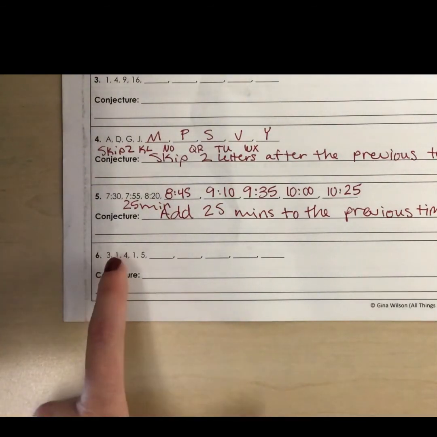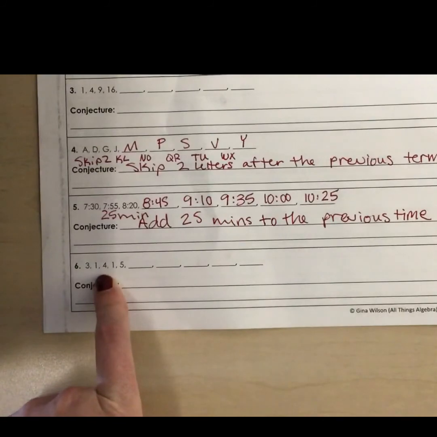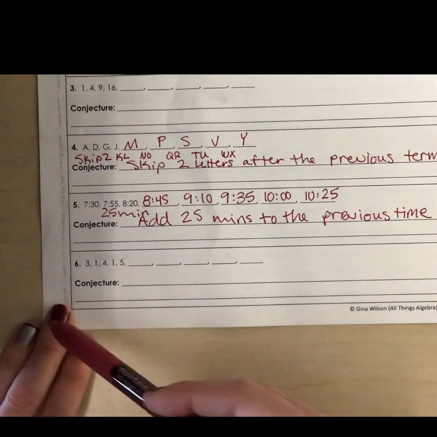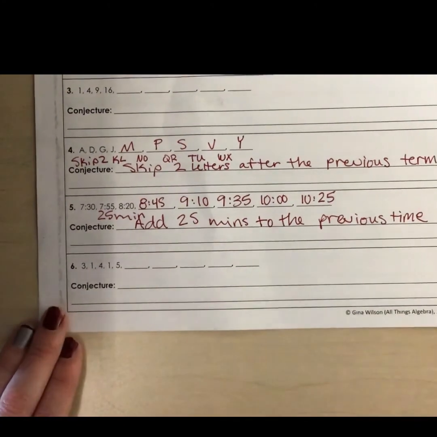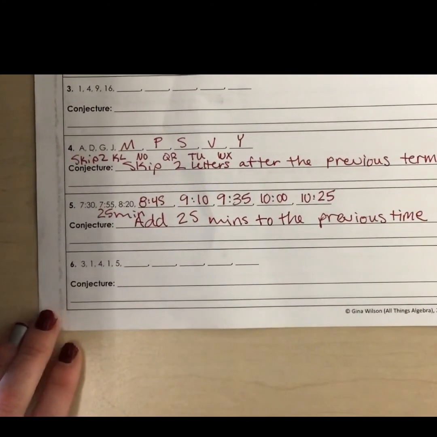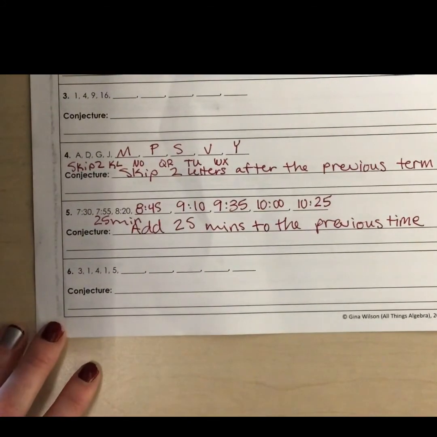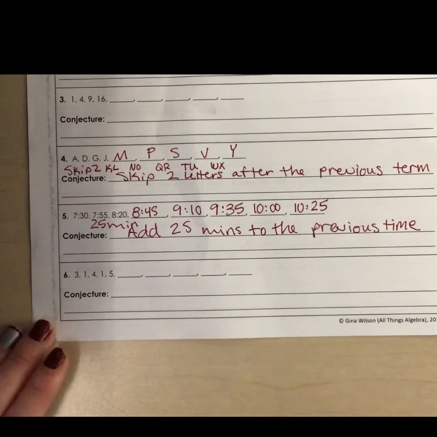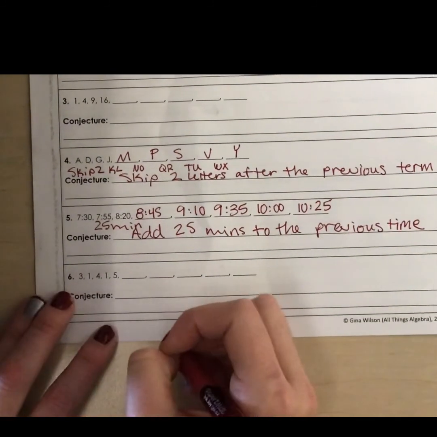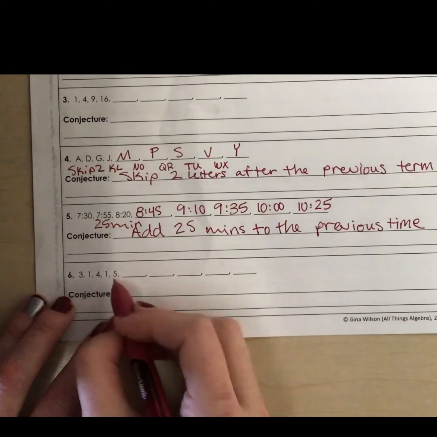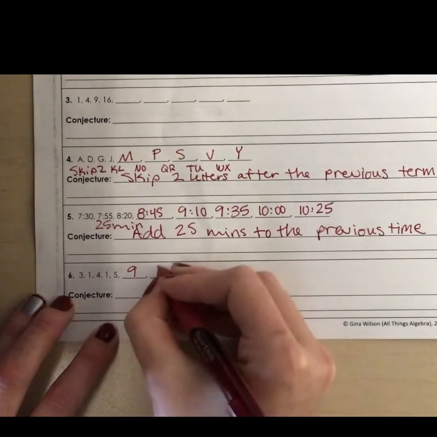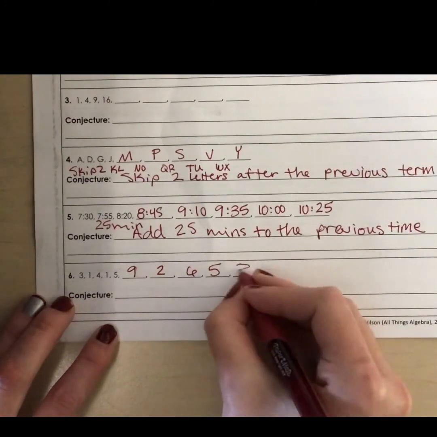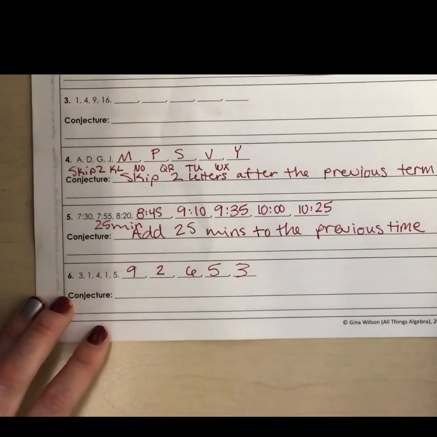Sometimes, though, they can be crazy number patterns, like number 6. Number 6 is a little bit of an interesting number pattern. We have 3, 1, 4, 1, 5. Well, we're not adding, subtracting, multiplying, dividing, nothing like that to get those next terms. What this really is are all the digits of pi. So you might have to look some of these up. 3.14159, 2, 6, 5, 3. Those would be the next few digits of pi.